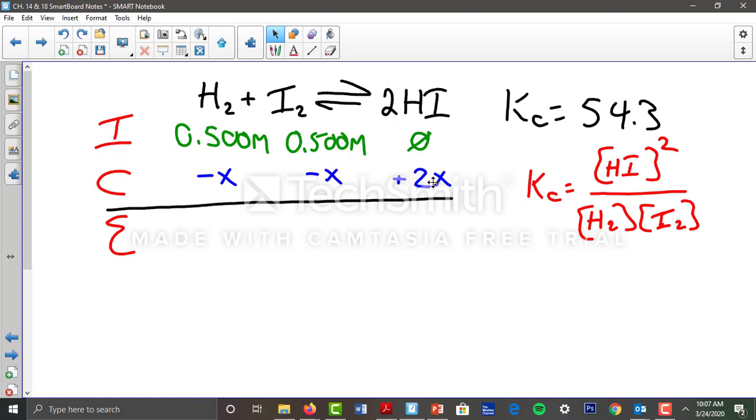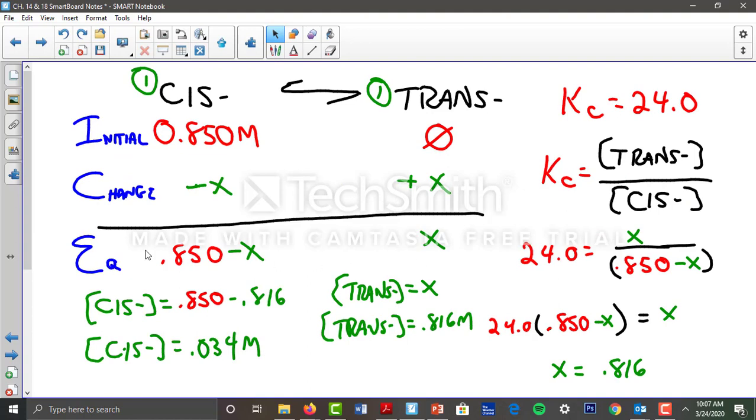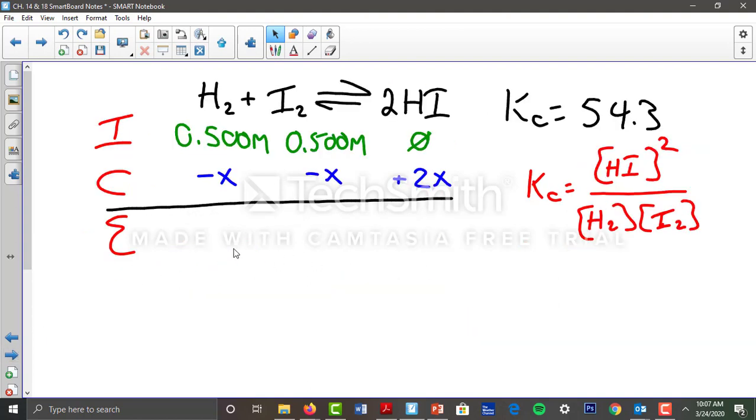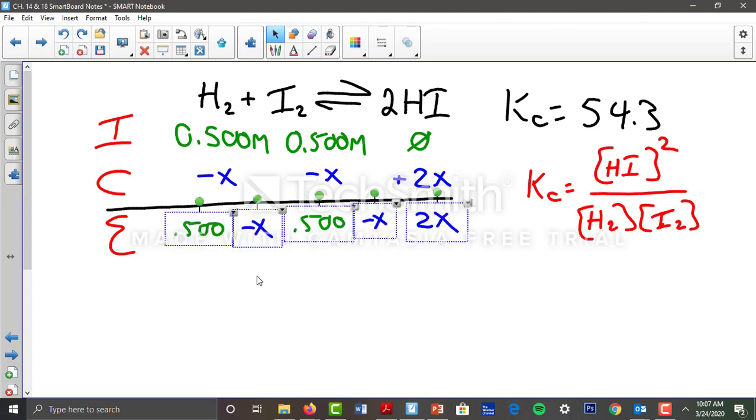So it's 2x here. And again, similar to what we did here on the equilibrium line, 0.50 minus x, 0.50 minus x, and 2x, because 0 plus 2x equals 2x.